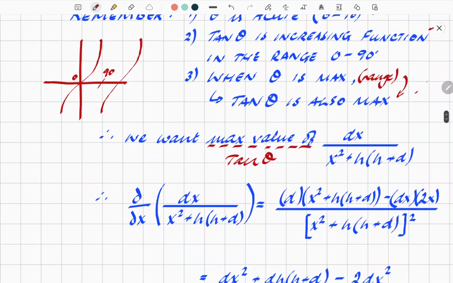Now I've used a different notation for d by dx normally. I've used the Greek delta form so that it doesn't get mixed up with dx. Watch out, that is completely separate from the derivative. So this is a derivative.